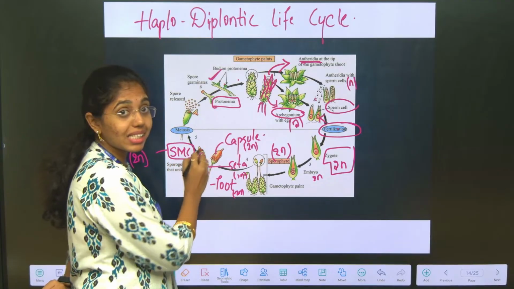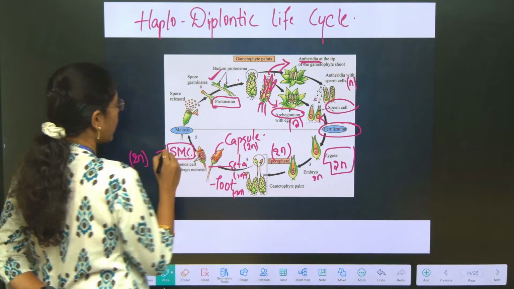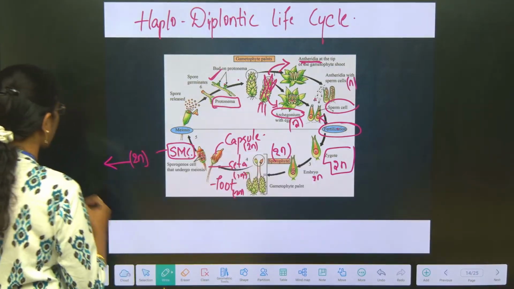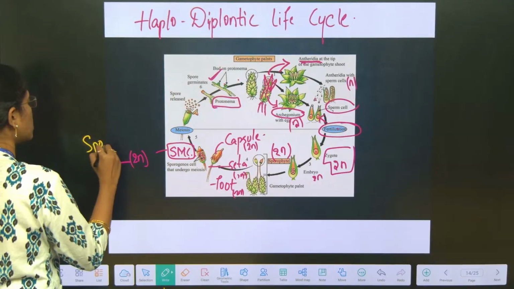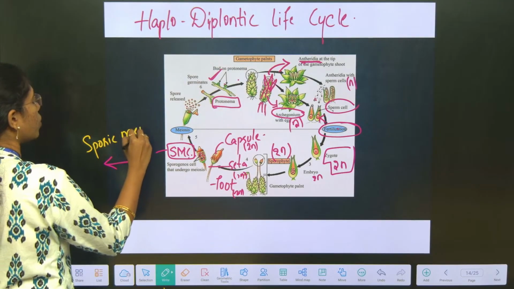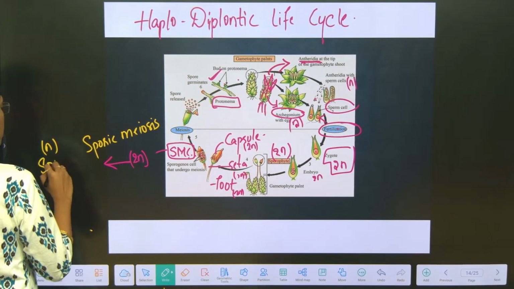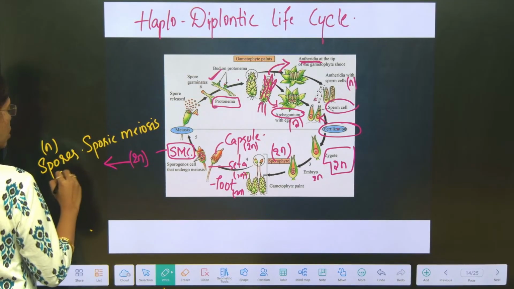These spore mother cells inside the capsule undergo what? Sporic meiosis, forming haploid spores.